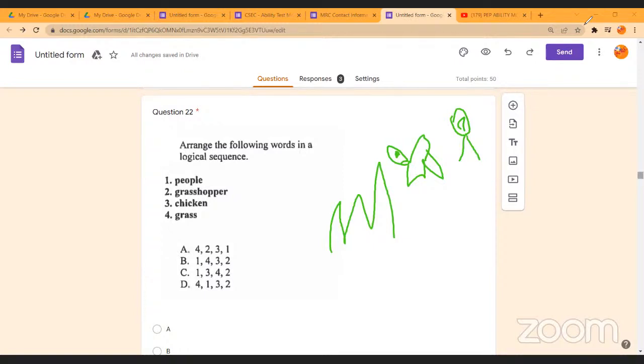Miss, the people. So there goes the people. I can draw a man now. So let's put it in order now. First, we have the grass, 4. We have the grasshopper, 2. We have the chicken, 3. And we have the people, 1.